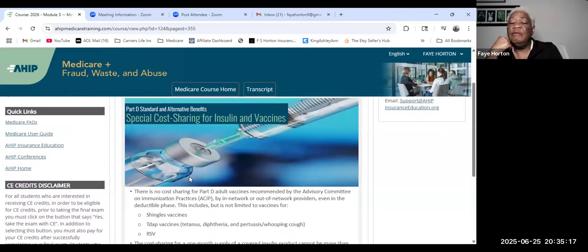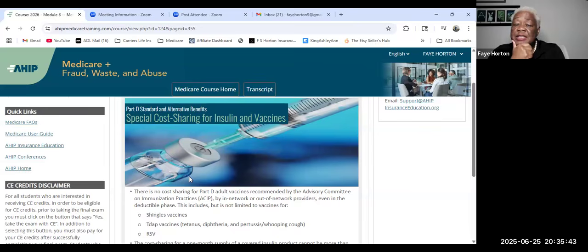Special cost sharing for insulin and vaccines. There's no cost sharing for Part D adult vaccines recommended by the Advisory Committee on Immunization Practices, ACIP, by in-network or out-of-network providers, even in the deductible phase.